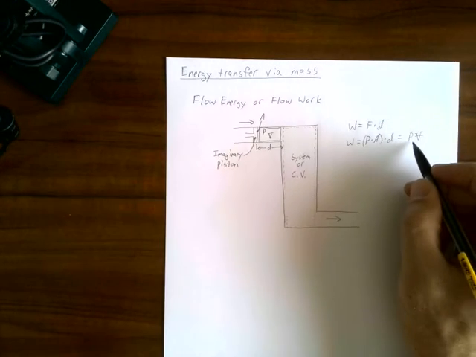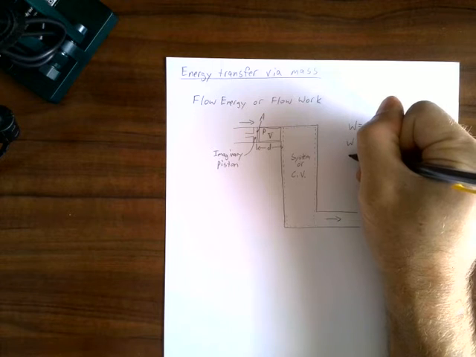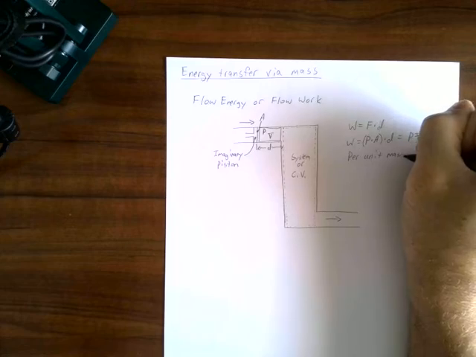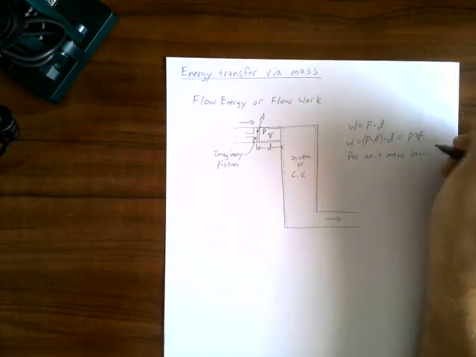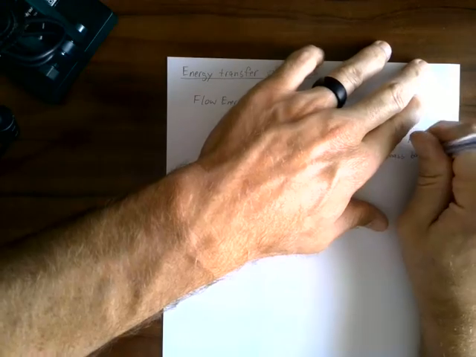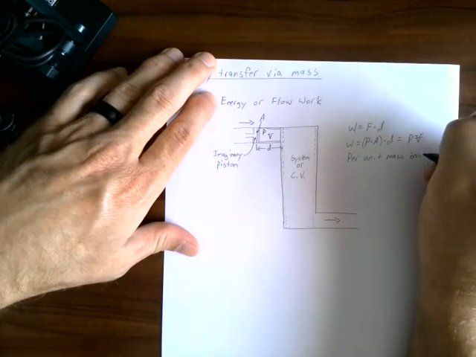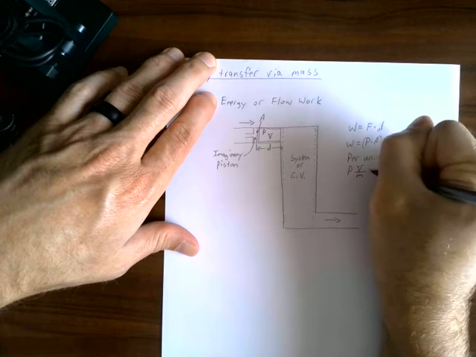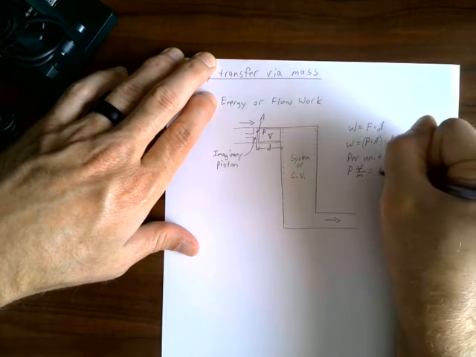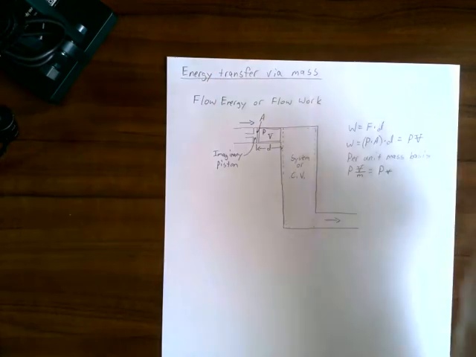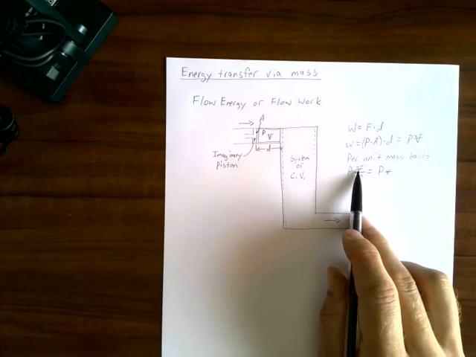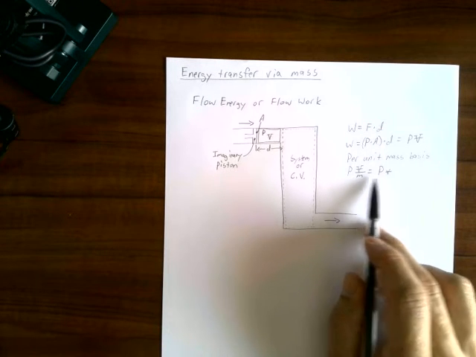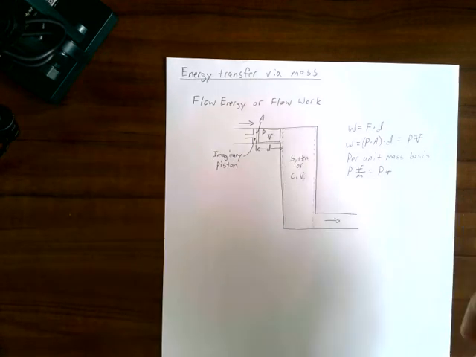And so I can express this on a per unit mass basis. And I get, so pressure just comes along for the ride, and then the volume per unit mass is just called the specific volume, if you remember.